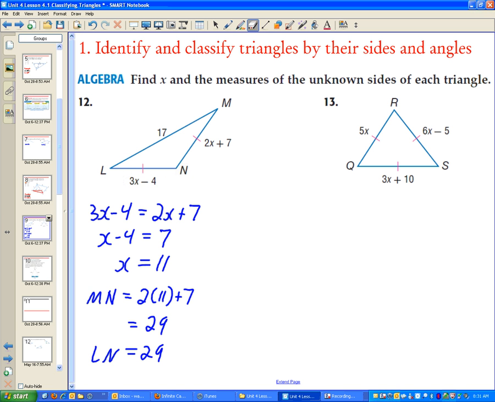All right? On 13, we have 3 different segments marked congruent to each other. Do not, I repeat, do not do this. Because although that's true, I don't know how to solve that.